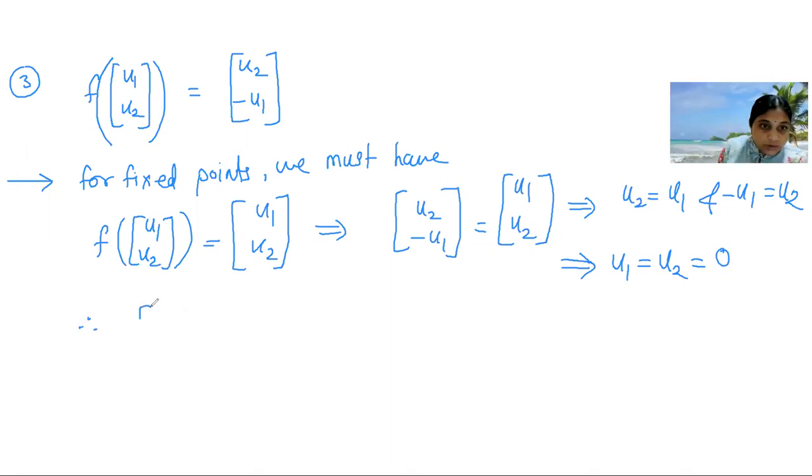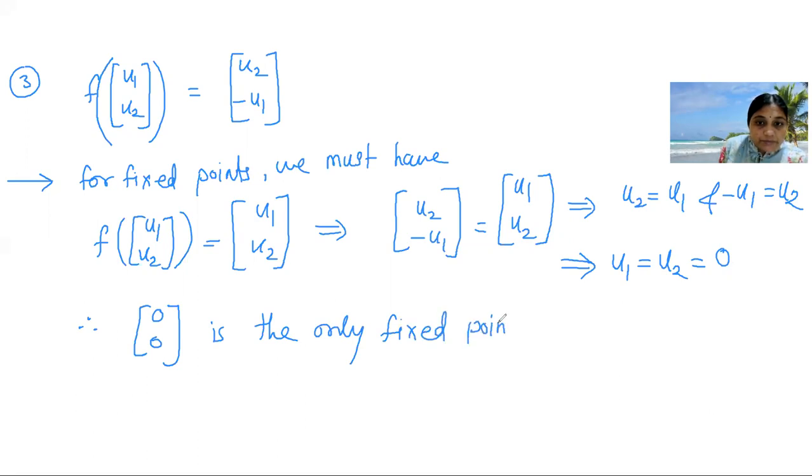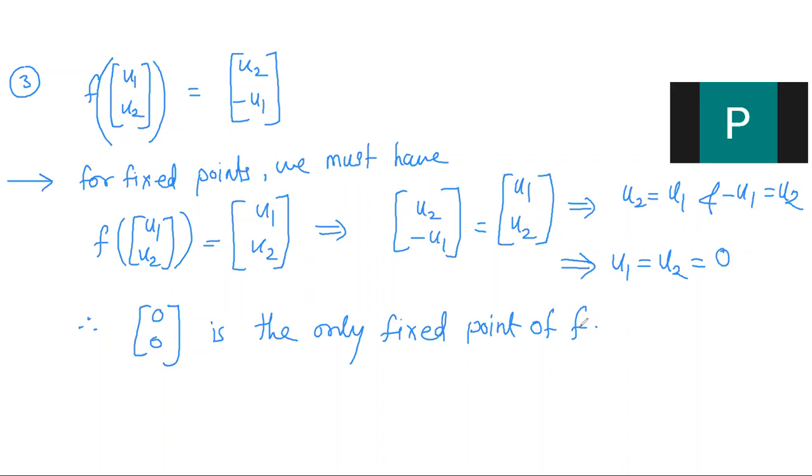Therefore 0 0 is the only fixed point, only one fixed point of f. Is that okay? So now we will take another definition, periodic point.